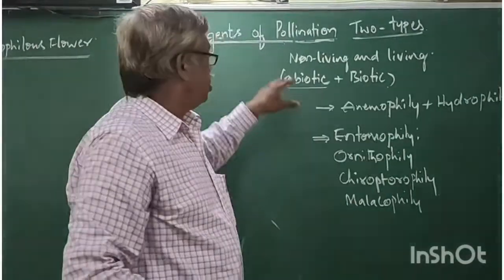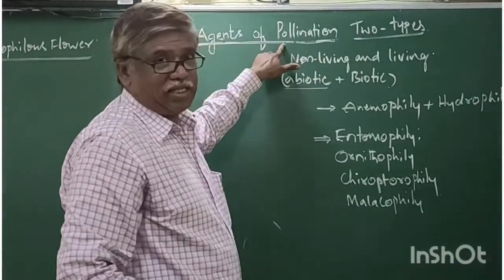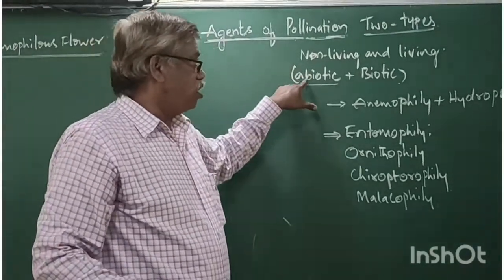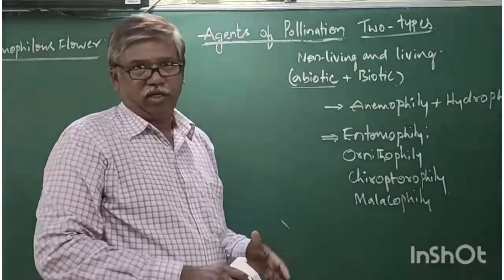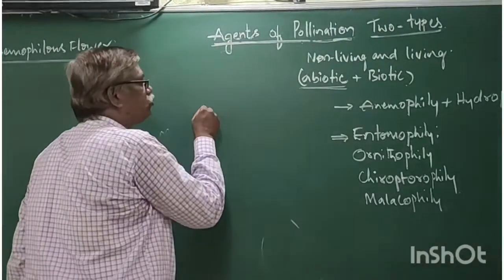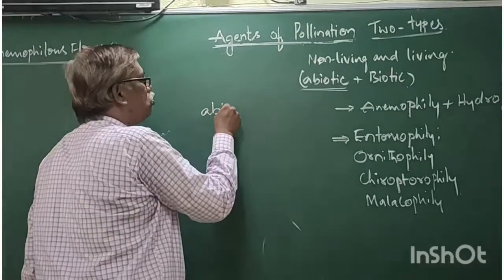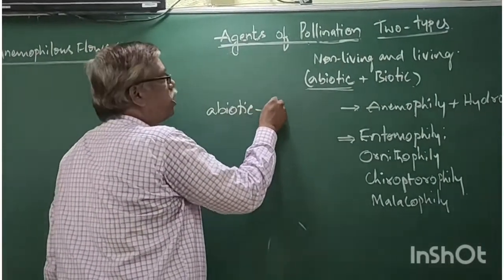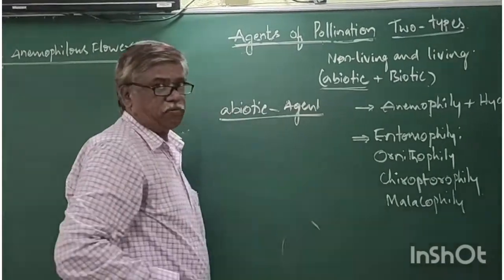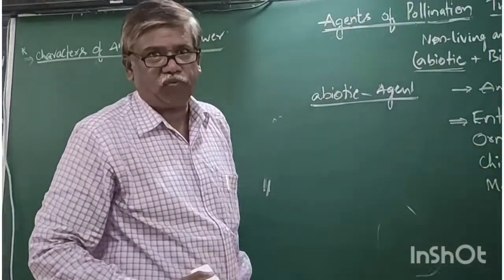That means the agents of pollination are mainly of two types: abiotic and biotic. Now come to the abiotic agents. Abiotic means without life, non-living.